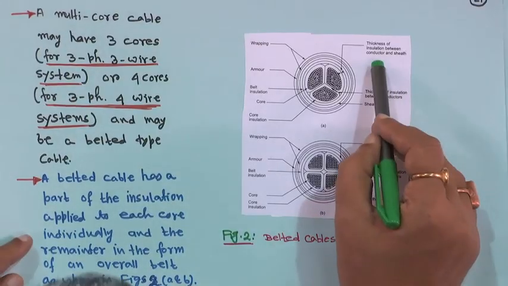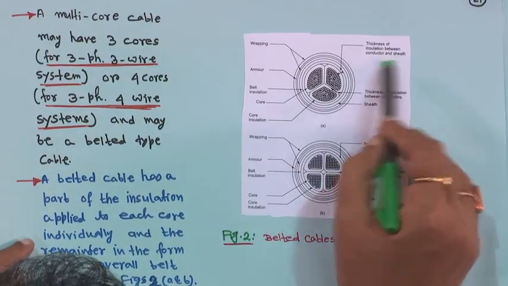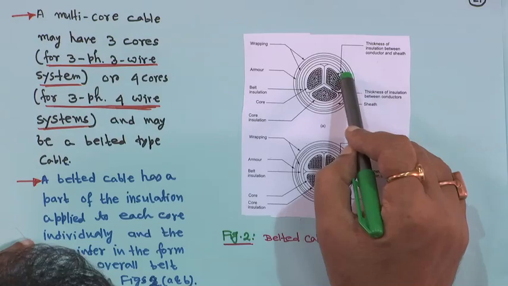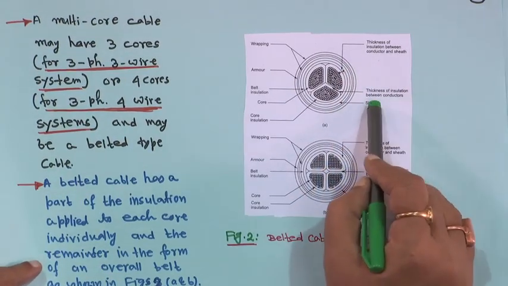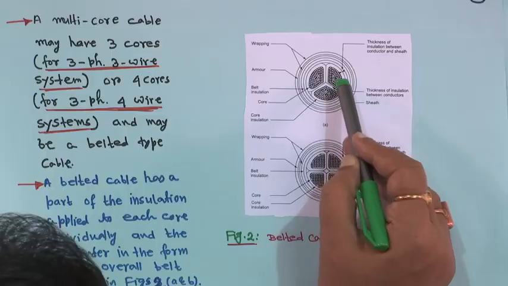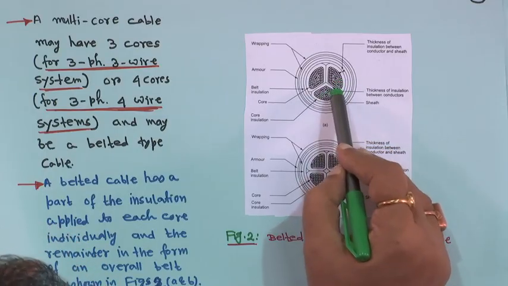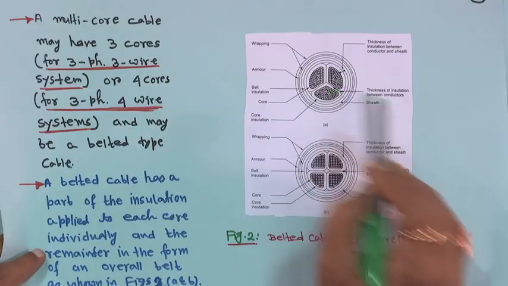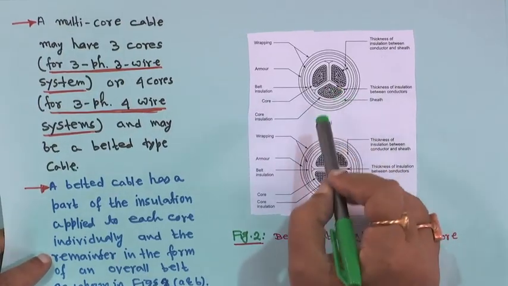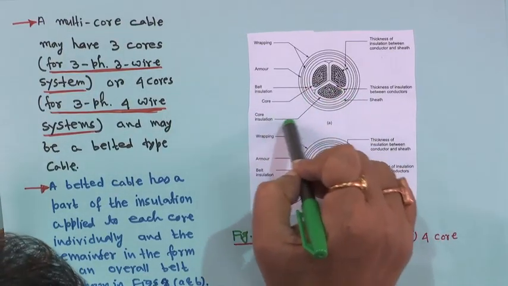Then you have the thickness of insulation between conductor and sheath, right. Next is the thickness of insulation between conductors. So this is the conductor, these are the conductors, and in between the conductors the insulation is there. Then there is the core insulation.